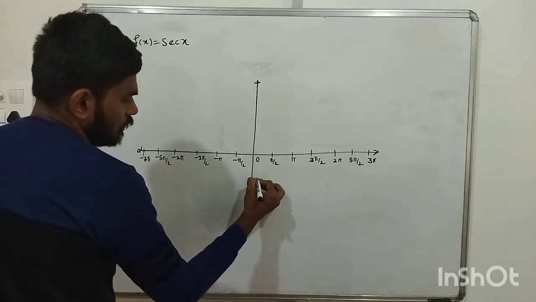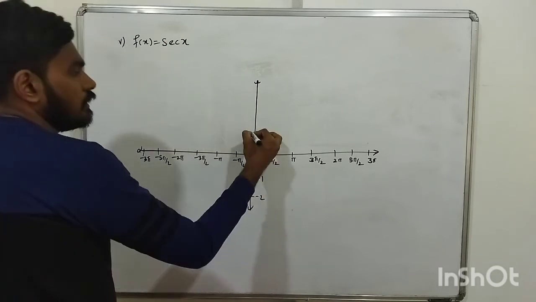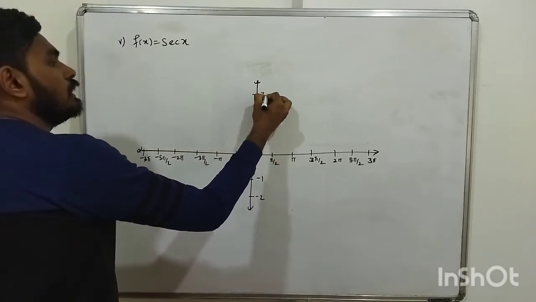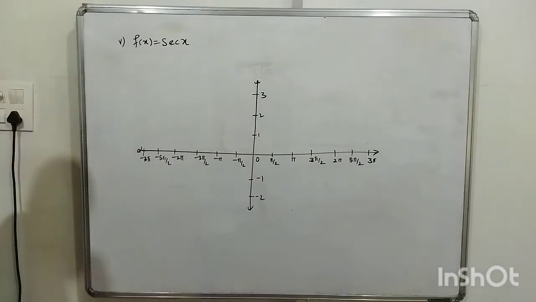And on the vertical axis minus 1, minus 2, plus 1, plus 2, plus 3, and so on.